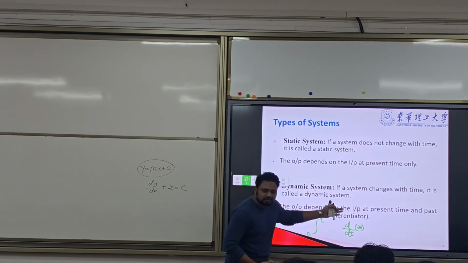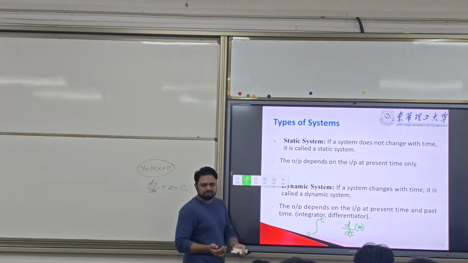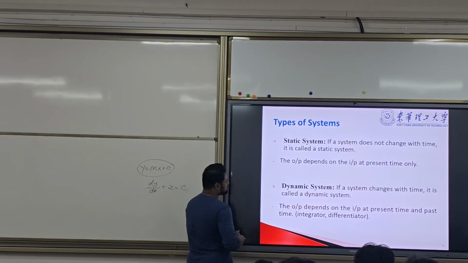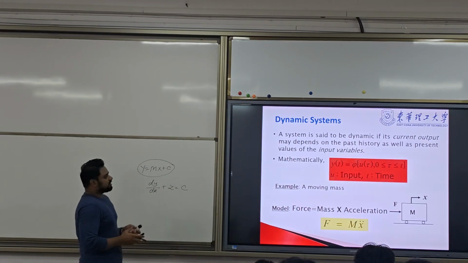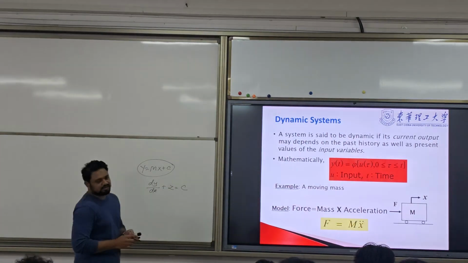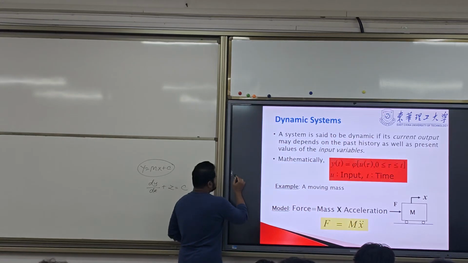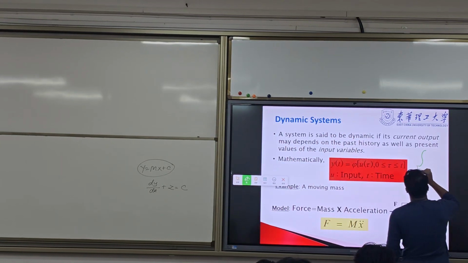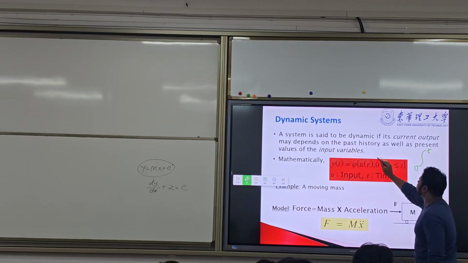Integrator and differentiator are dynamic systems. These are some examples. We will talk in more detail about these examples, like how we can write them mathematically. Suppose what I actually wrote here, the 0 to t, we can write in this way.